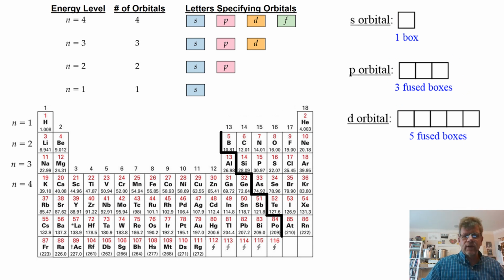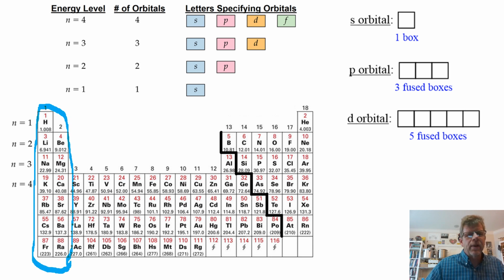So let's now start looking at the shape of the periodic table. I am going to circle, and this is going to move back into our discussion of the block nomenclature of the periodic table, the S block, the P block, the D block, and so on. Let me just generally circle the S block on this periodic table. The S block is how many elements thick?